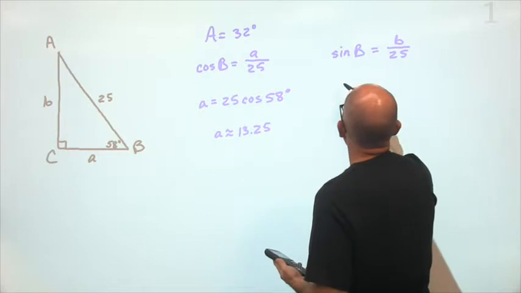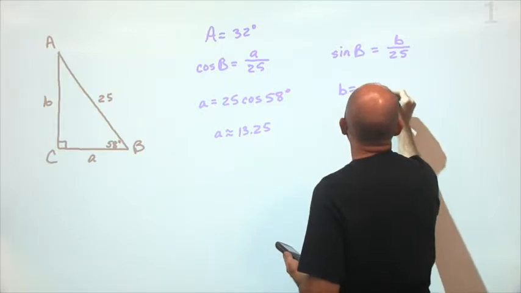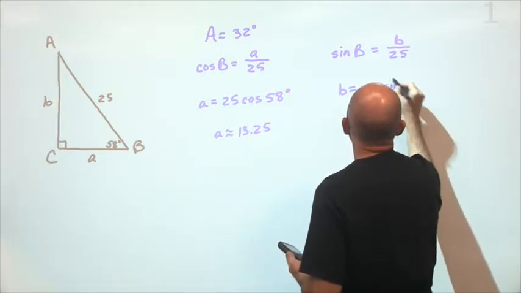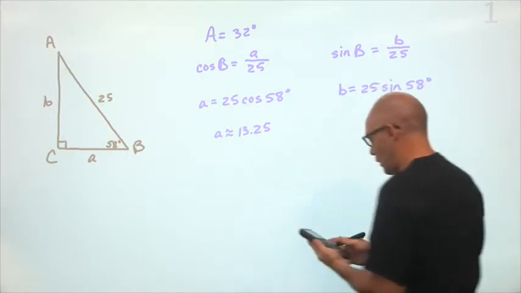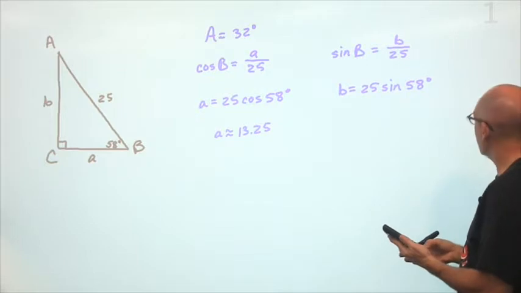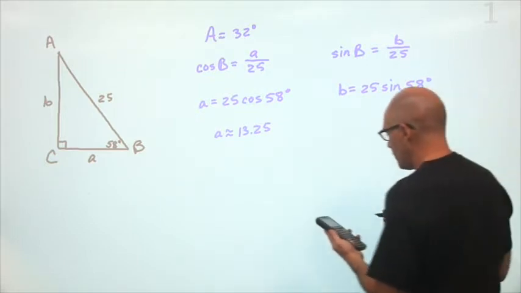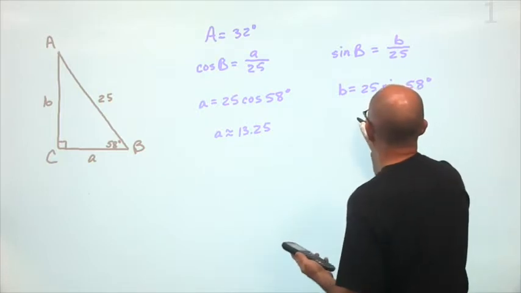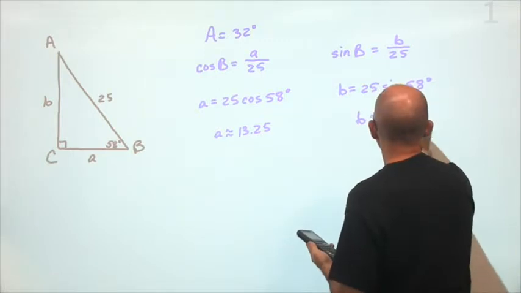So that means B equals 25 times the sine of angle B. Okay, so let's just do that. So we have 25, enter, 58, sine, times, 21.201. So side B is approximately 21.20.